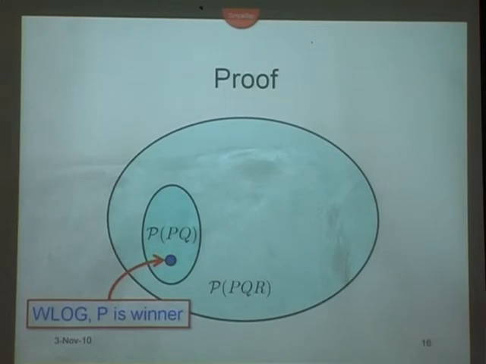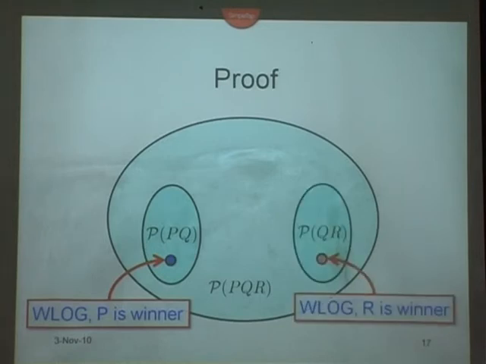Without loss of generality, let's assume that P wins in this particular execution. Somebody's got to win, so let's say it's P. It obviously can't be R because R didn't participate. Let's do the same over here and look at the protocol complex where Q and R take steps, but P fails. And then without loss of generality, R is the winner.